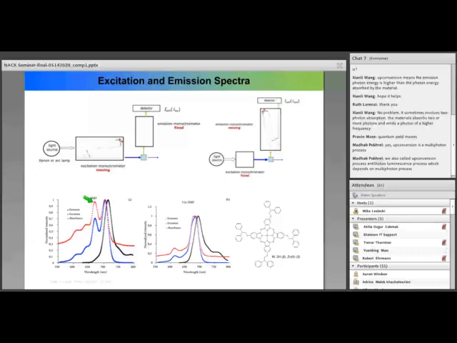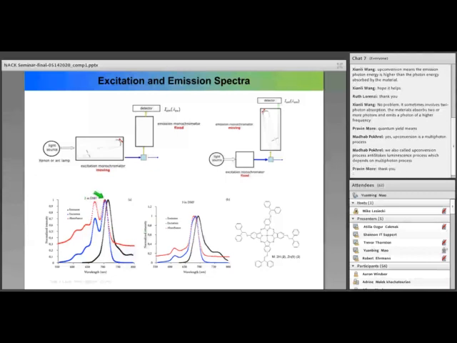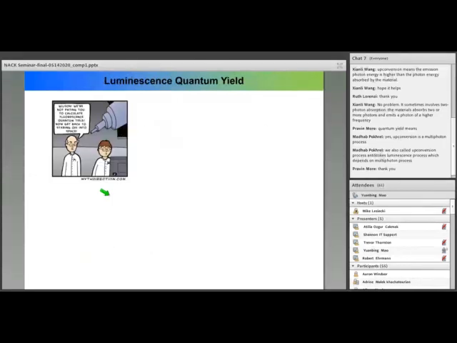But the difference you will see is that the intensity changed, because at some energy levels absorption will happen, but that doesn't mean it is the best excitation wavelength. So this is a very good example. We also see the Stokes shift between the excitation spectrum and the emission spectrum. That's what I want to mention here.